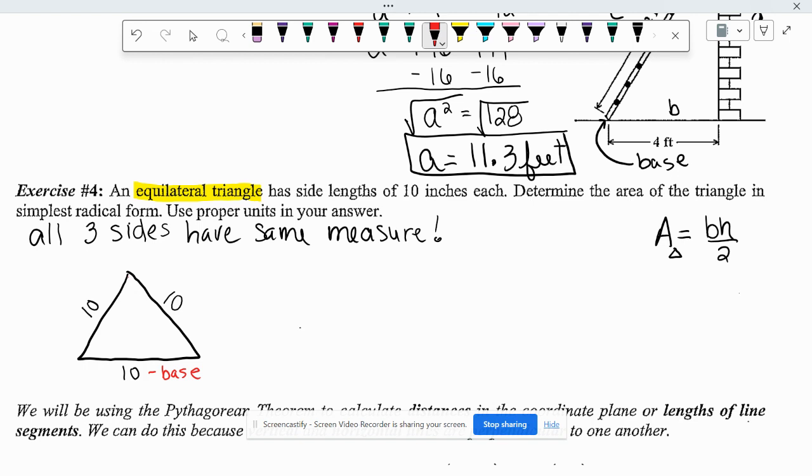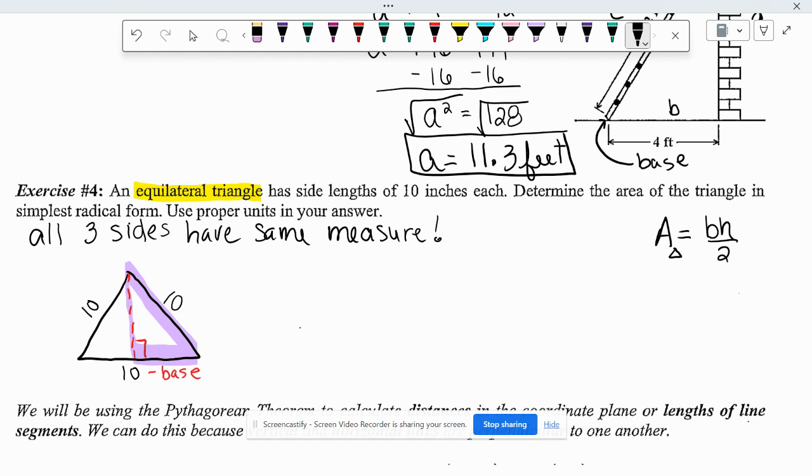Ooh, I think I have to do this. Yeah, see, you have to split it in half. So hang on a second. No, let's look. So what are we looking at, really? I'm looking at part of a right triangle. That equilateral triangle is divided up into 2 congruent right triangles.